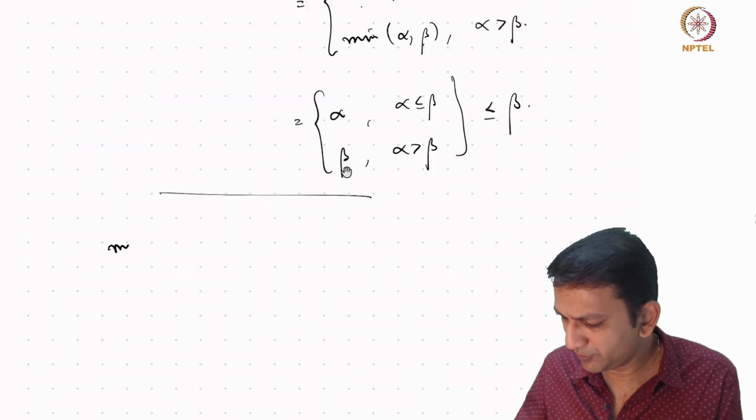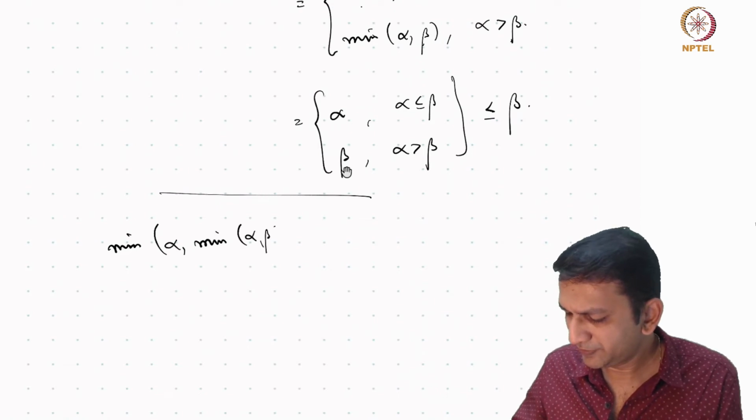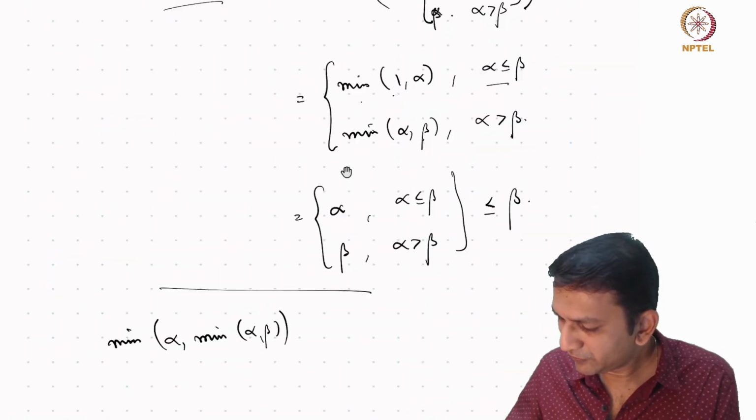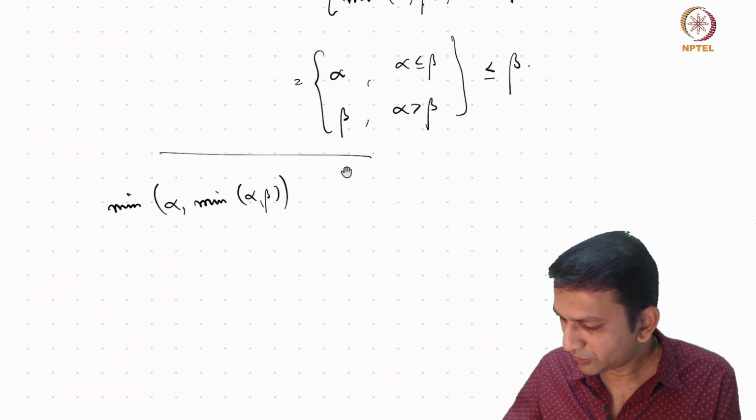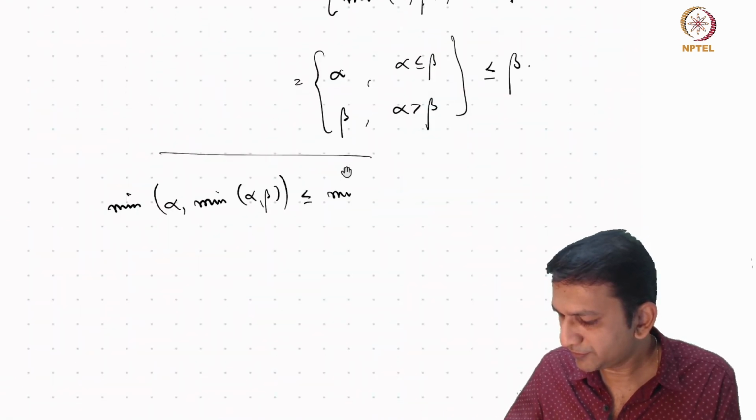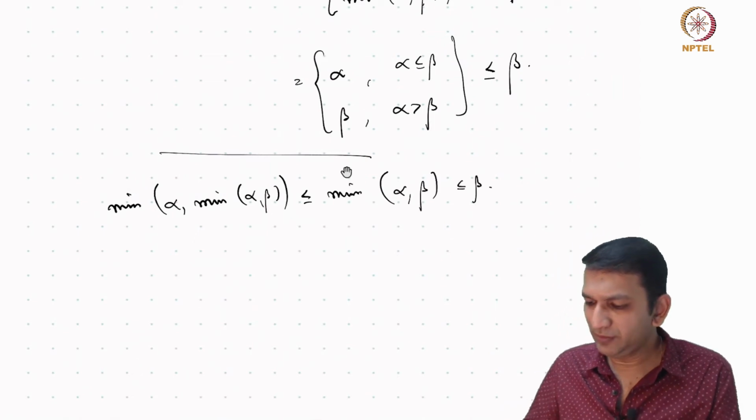What we want is min of alpha comma min of alpha comma beta. We know that min of alpha comma beta is always less than or equal to beta, and this is less than or equal to beta.